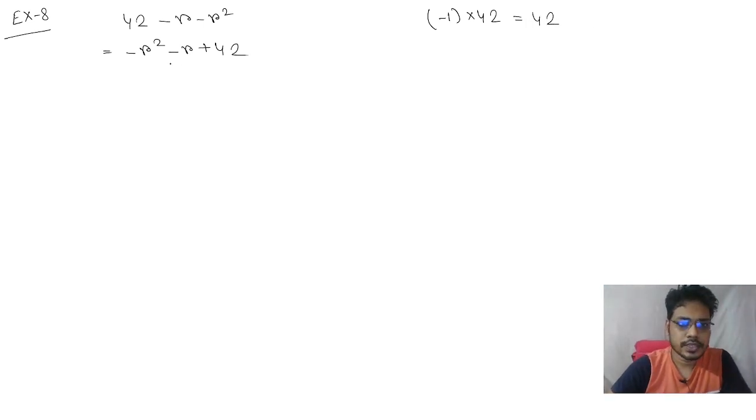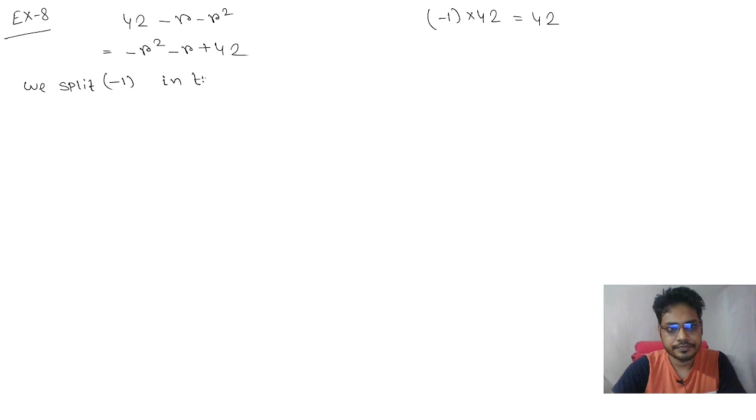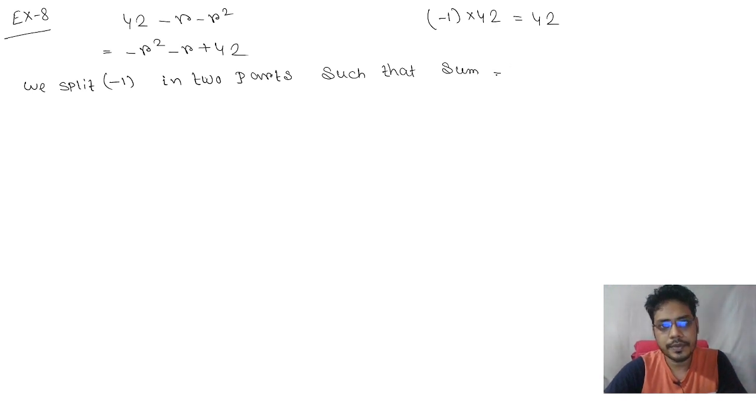That means there is minus r. So we need to split this coefficient of r, which is minus 1. So we split minus 1 in two parts such that the sum will be minus 1 and the product will be 42.